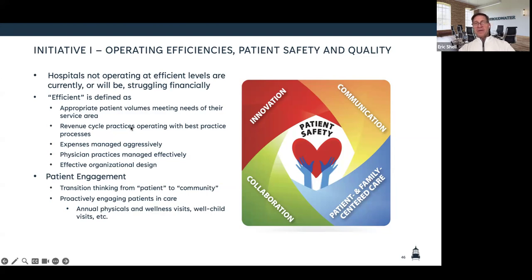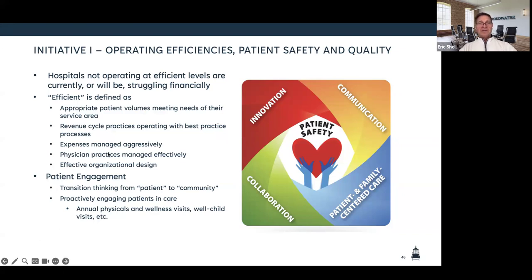Revenue cycles have to be operating at best practices. I was just on a call this morning with a hospital in Kansas where their revenue cycle just blew up, and they just had to take a huge write down. They're running out of cash. It's horrible, but revenue cycle can be kind of a rough place. We do still have to manage expenses. We can't stop paying attention to them. Part of the budget process is a focus on managing expenses.